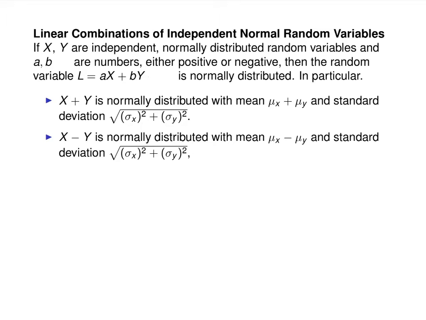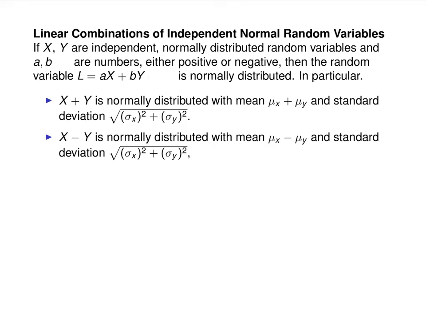So one pretty special case is linear combinations of normal random variables, because these also end up being normal, which is a bit special. So if you have x and y, which are two independent, normally distributed random variables, and a and b, which are some numbers, either positive or negative, then the random variable L, which is equal to ax plus by, is normally distributed.